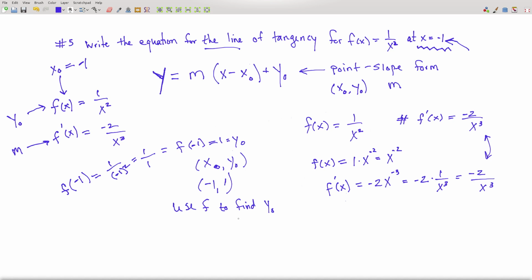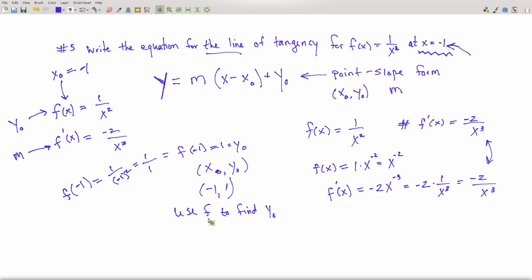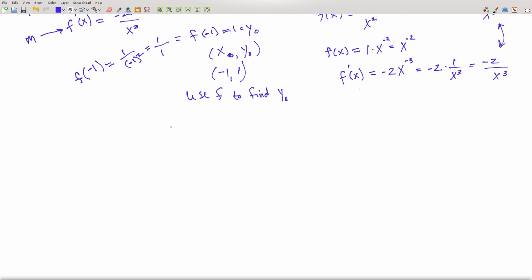Now, what are we going to use to find the slope? I hope you remember. To find the slope, we're going to use the derivative. So let's evaluate the derivative at x equals -1. When we do that, we get -2 over, see how I substitute into parentheses, -1 cubed. -1 cubed means -1 times -1 times -1, which is -1.